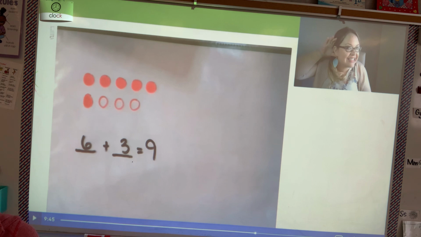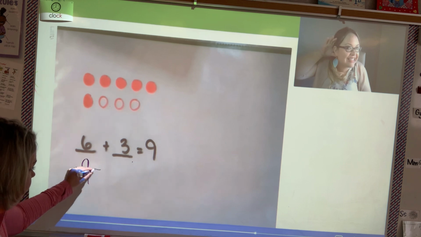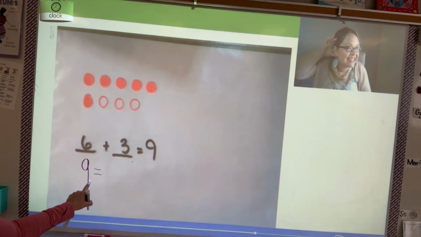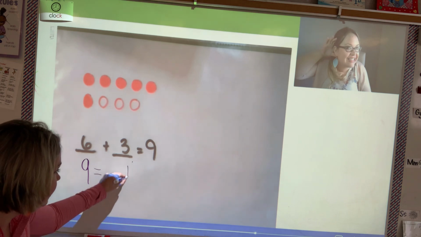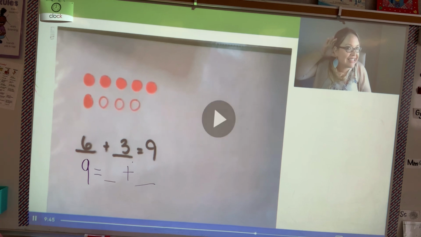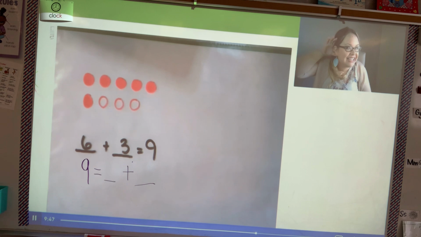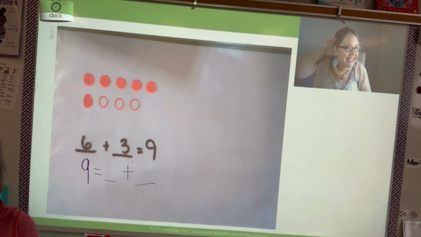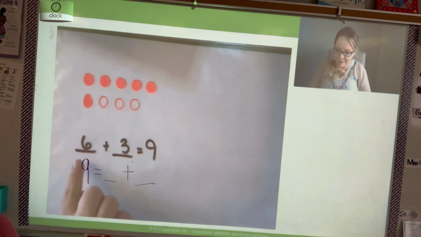That time we did 9 equals 9 plus 3. Yeah, that time we put the whole first. And then we added the 2 parts. And we talked about how either way is correct. Yeah, this time we wrote our parts first.